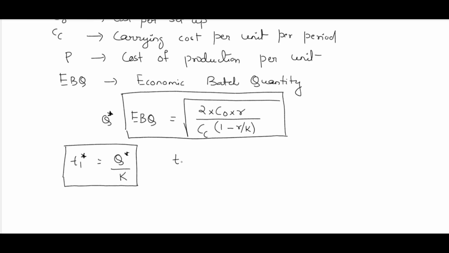Again T2 star is equal to Q star into 1 minus R by K, divided by R.